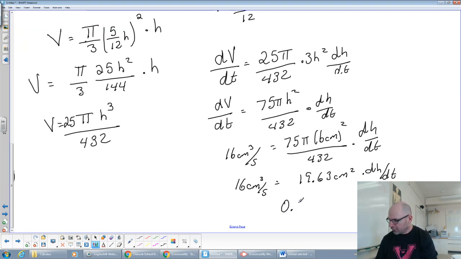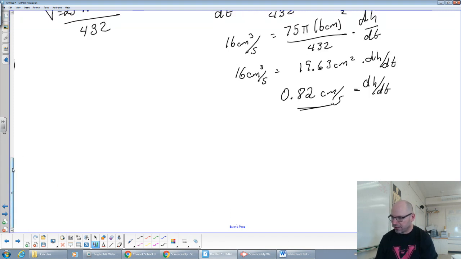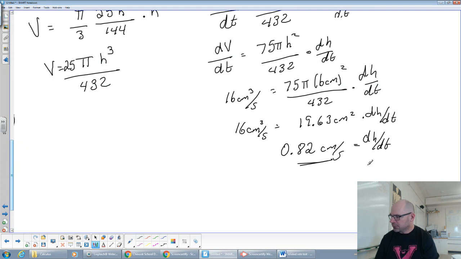I'm going to put 0.82. Then the centimeters squared cancels out, leaving centimeters per second. That's how fast it's rising. I'll move that writing up, since it's behind my head. So this would be that.